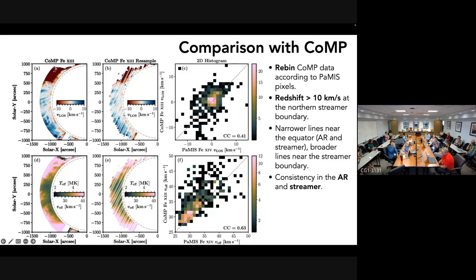Question, sorry, you may have just said this or I missed it, but did you do something to subtract out the rotation of the sun? For both the spectrograph and CoMP data, I just use a simple way, to subtract the median value of the entire field of view.